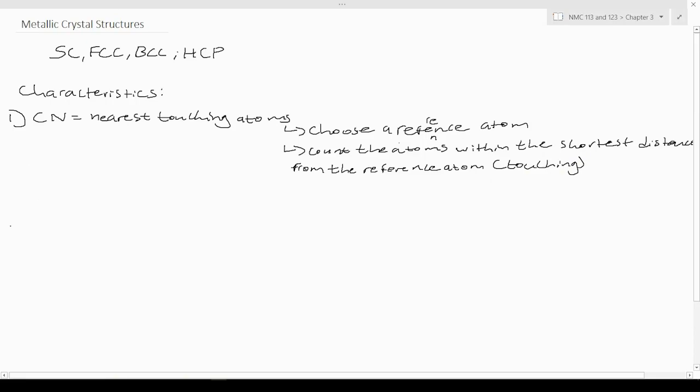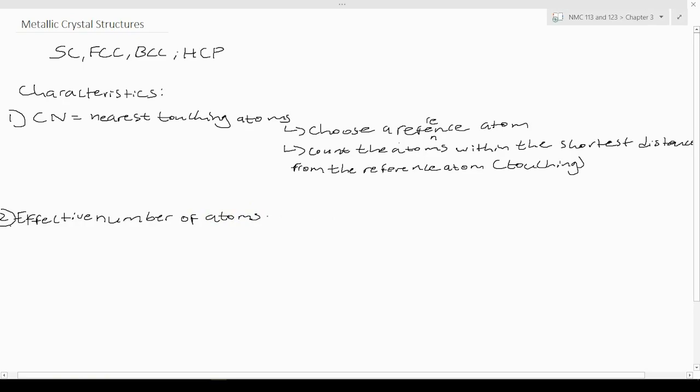Secondly, another characteristic you need to be familiar with is being able to find the effective number of atoms within a unit cell.